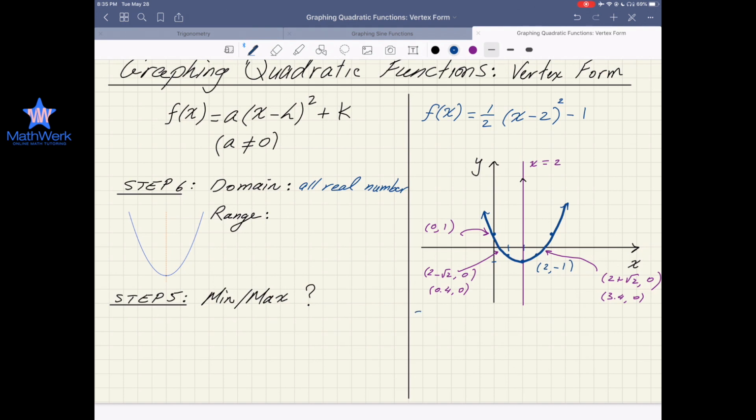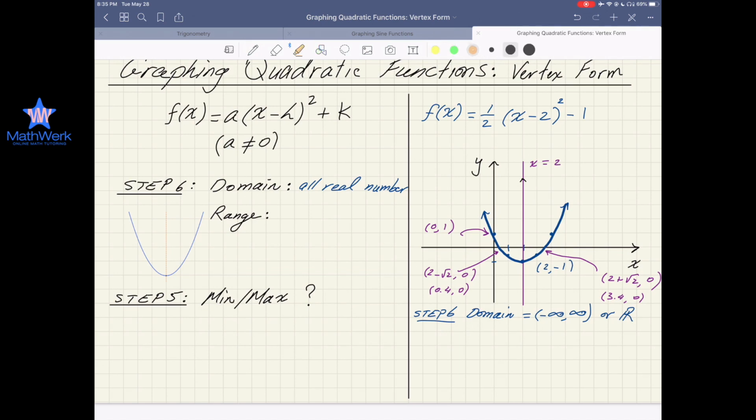And so in step 6, we can write that the domain is all real numbers. There's a number of ways to write it. We can write it in interval notation from negative infinity to infinity, or this symbol here, which is the symbol for all real numbers. And the range, well, in this case, the function opens up. So to figure out the range, it's all the possible y values.